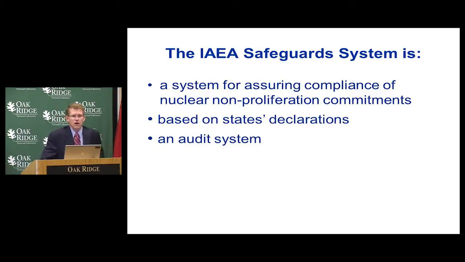If it is severe enough and significant enough, as we have seen in the last couple of decades, the UN may issue a special security resolution calling upon countries to comply with certain needs. So it is a system based on states' declarations, and in a simplified way, the agency is an audit system. They go to look for what? The correctness and the completeness of those voluntary declarations.